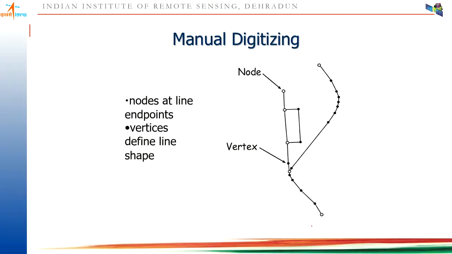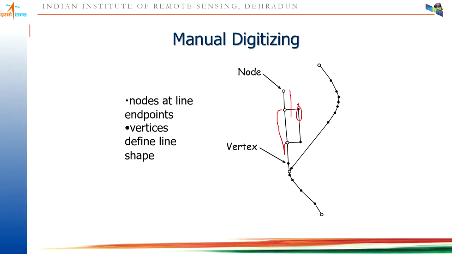Some concepts you need to understand while digitizing: the starting and end points of any feature are called nodes. So this is a node, this is a node. From this node to this node, you have one line, then from this node to this node, you have another one. So nodes are the ends of a line, and you can see here these are called vertices.